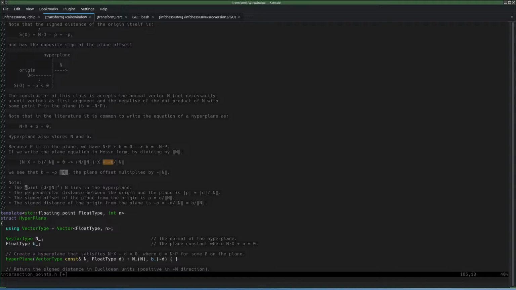Note the point minus b divided by the square of the length of the norm of n, times n, lies in the hyperplane. See, it gets less and less readable.